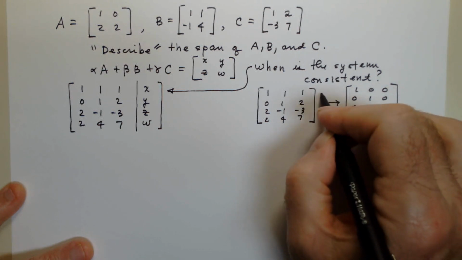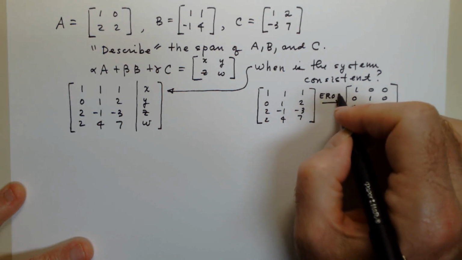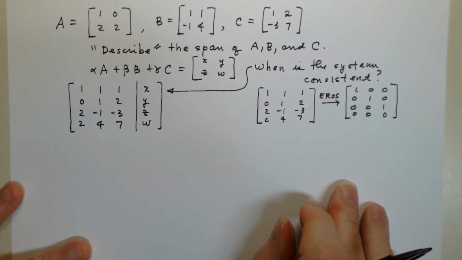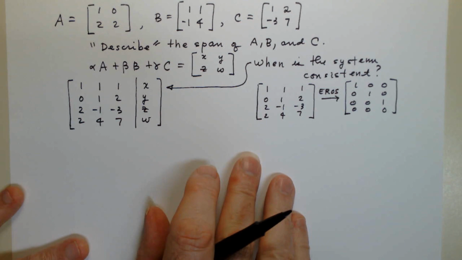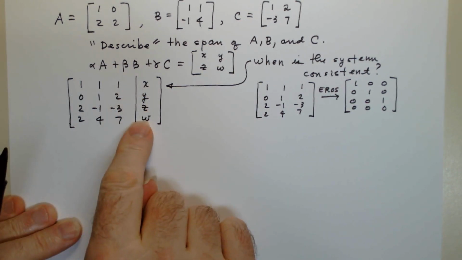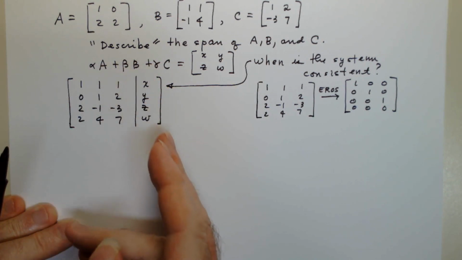Okay, so there was a sequence of row operations that I performed using the Linear Algebra toolkit to get me from here to here. Now what I did is I kept track of all my steps. And now what I'm going to do is perform those exact same steps on this vector x, y, z, w.